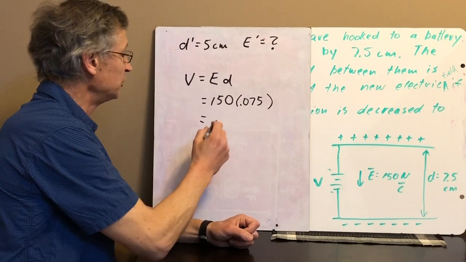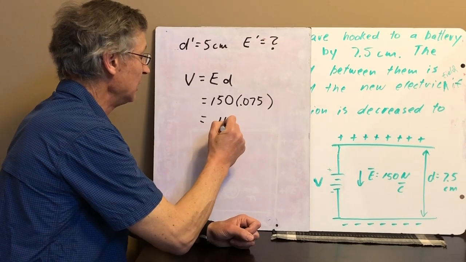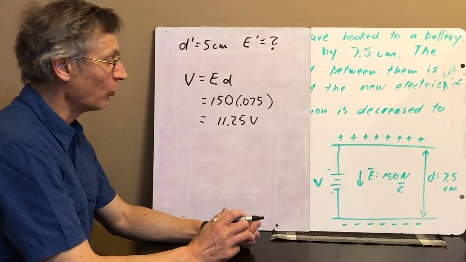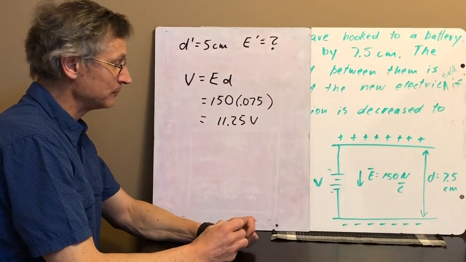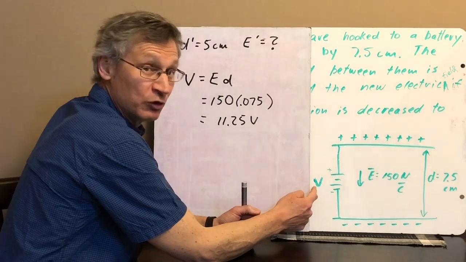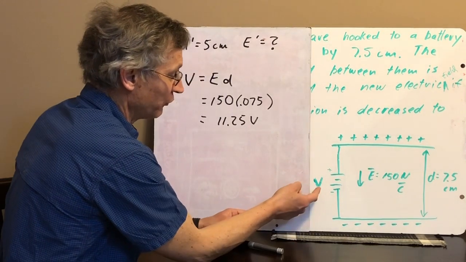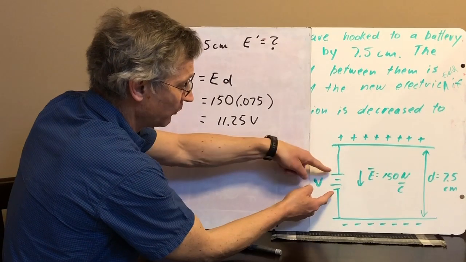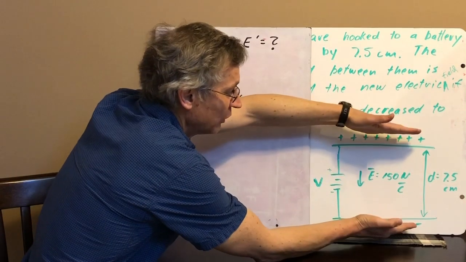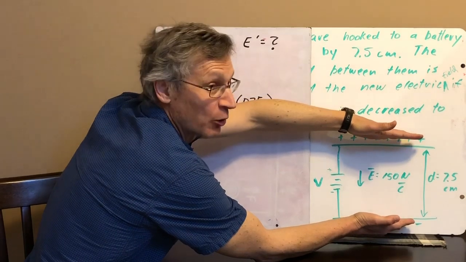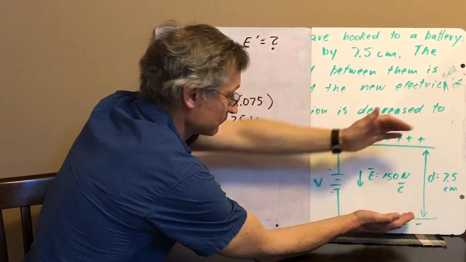Do the multiplication and you get, I believe, 11.25 volts. So the voltage of this battery is 11.25 volts. And remember that if there's 11.25 volts across the terminals of the battery, there's 11.25 volts across the plates.